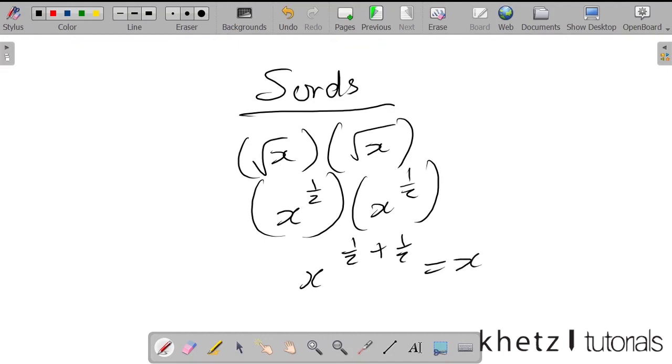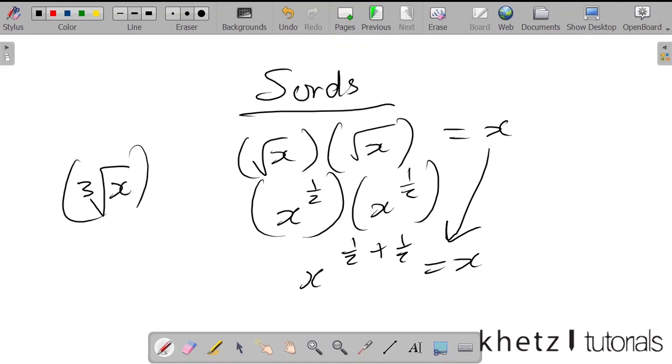So square root of x multiplied by square root of x is actually equals to x because of this, right? So even if you had the cube root of x multiplied by the cube root of x, you basically just add the exponents, right?